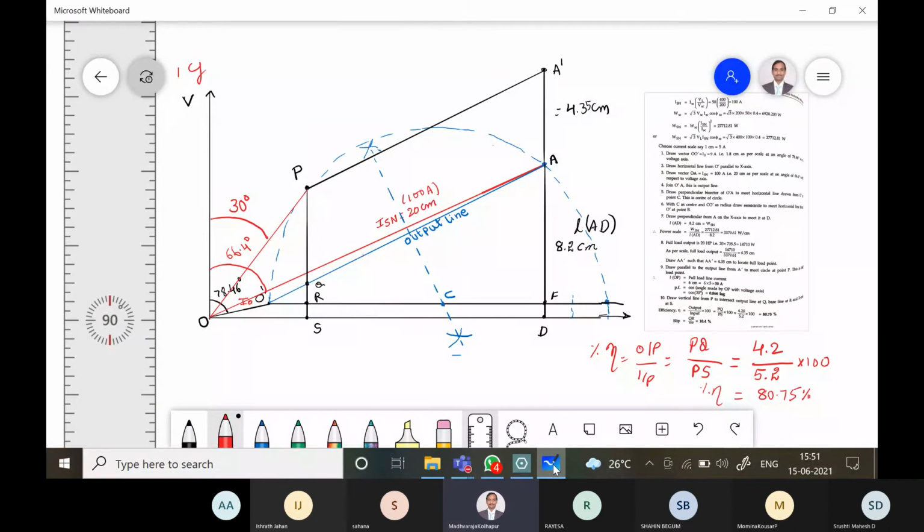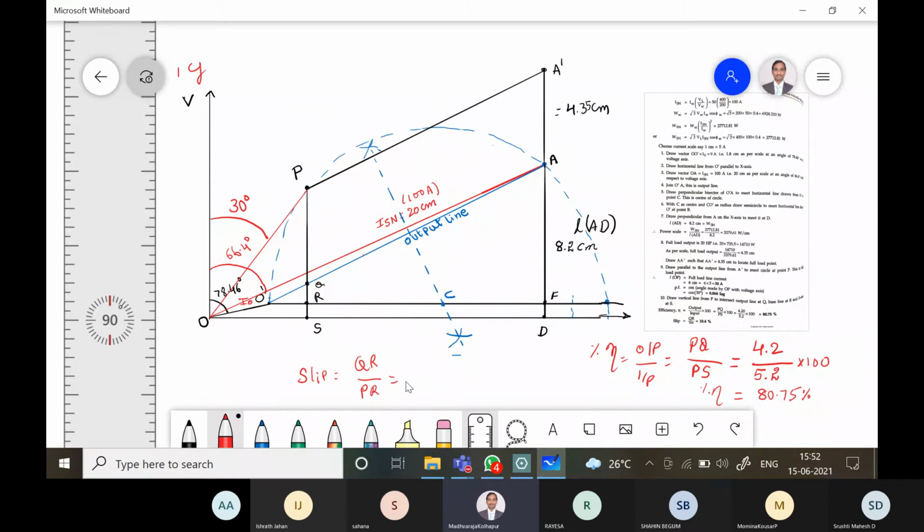Here rotor copper loss and stator copper loss are combined. So slip is given by QR by PR. Slip is equal to length of QR by length of PR.